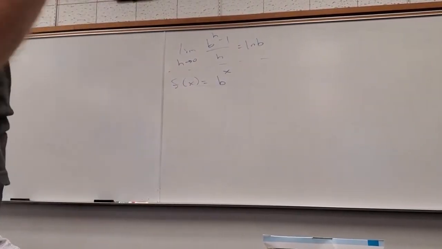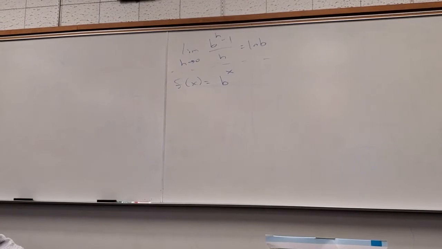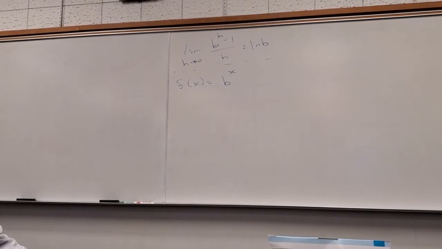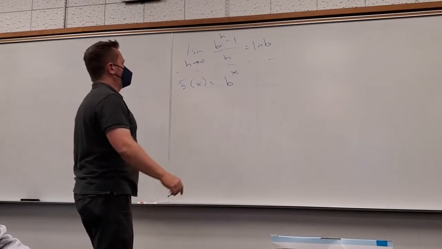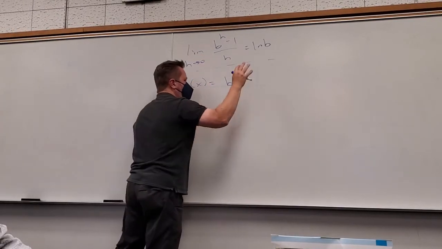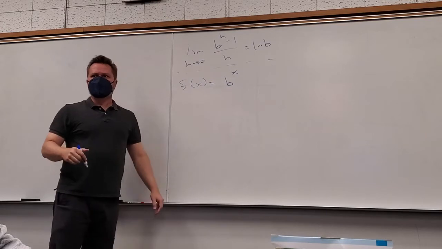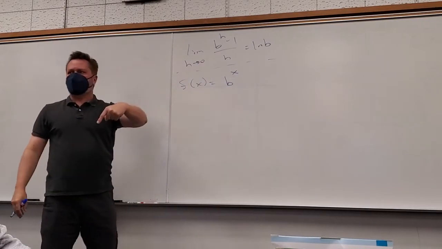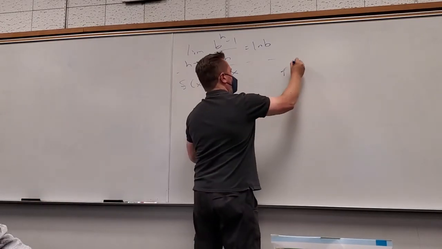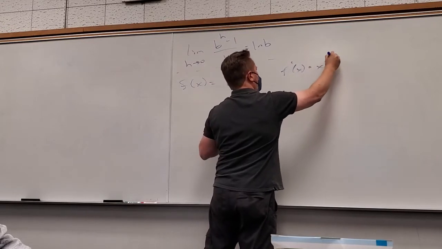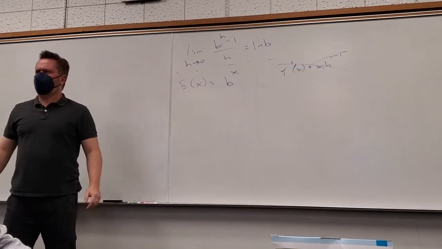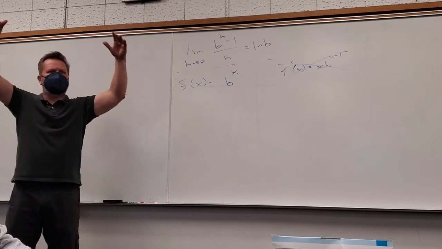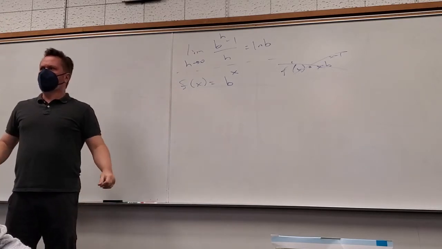Even though we just learned it, do you kind of agree with me? The power comes down, it goes down by 1. Okay. This is a completely different function, yes? This does not look like that rule. I get people that try to tell me to bring it down and go down by 1. There's no reason it should follow the same rule because it doesn't have the same form. It's a completely different function.